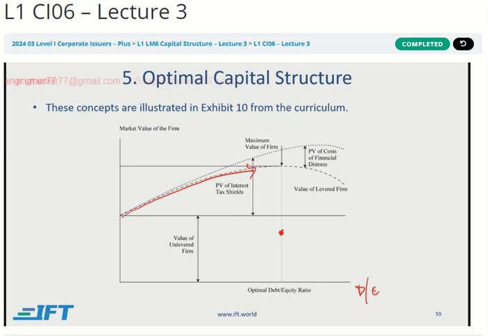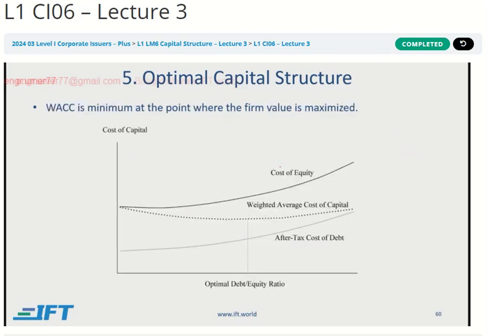Initially, it's going up because you are getting that tax benefit, and the tax benefit is greater than the cost of financial distress. But then the cost of financial distress starts catching up with you, and the value of your firm starts going down. What's really important to understand is how it coincides with where your WACC is at its lowest point, right? That is the maximum value of your firm. So this is going to be the max value of the firm, where your WACC is passing through its lowest point.